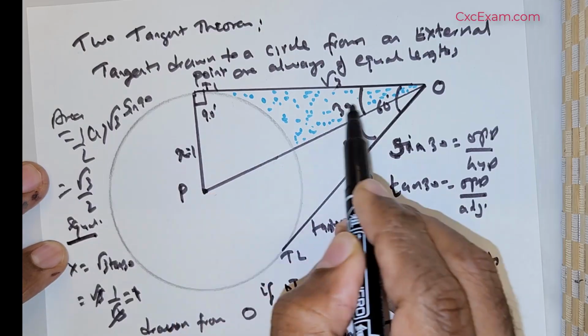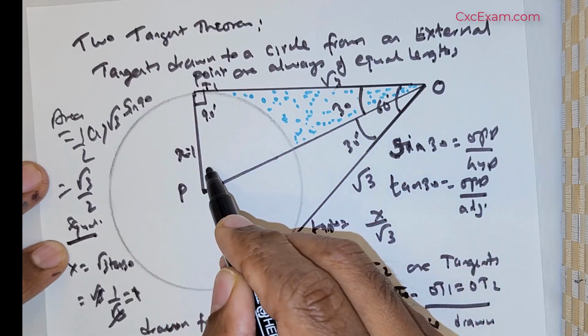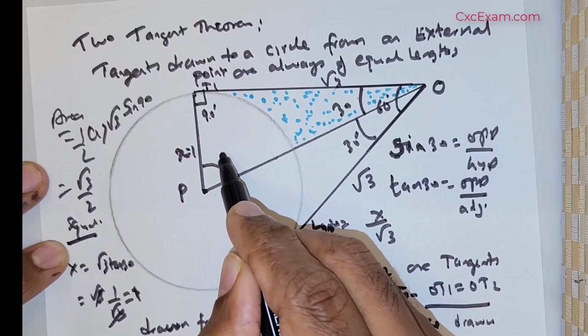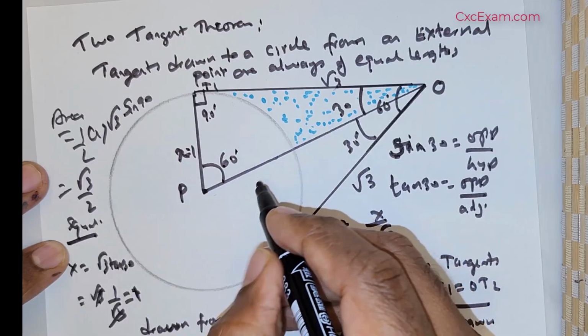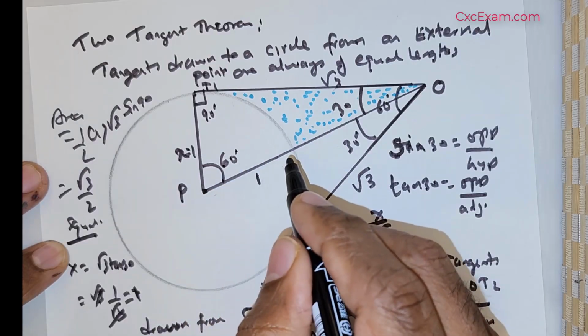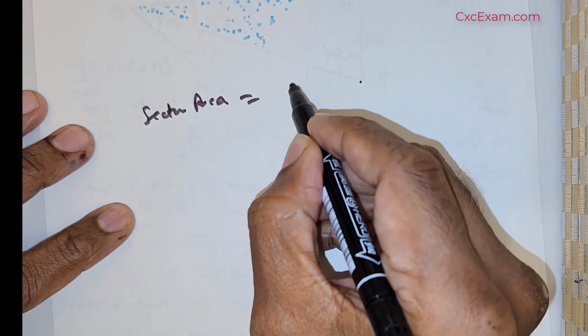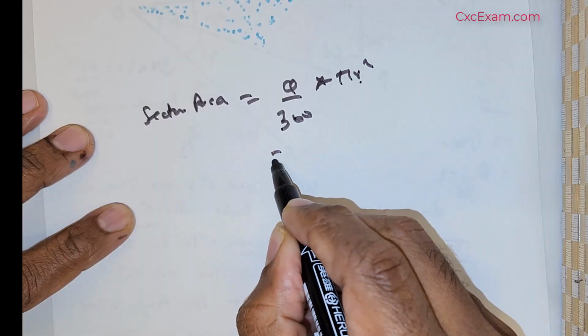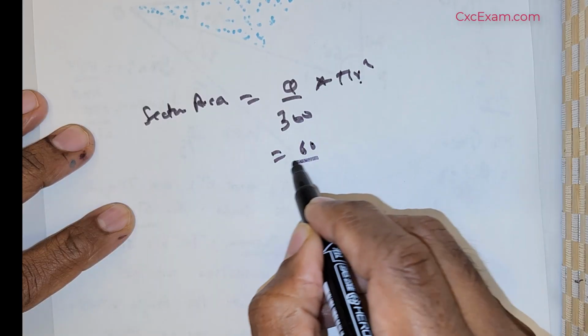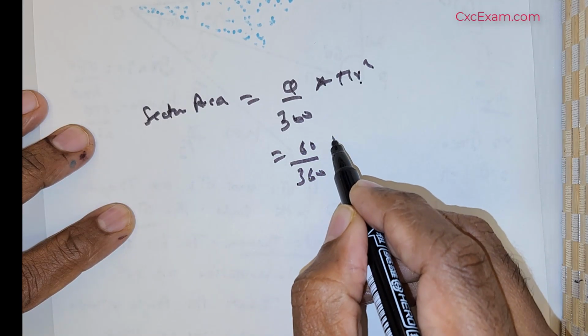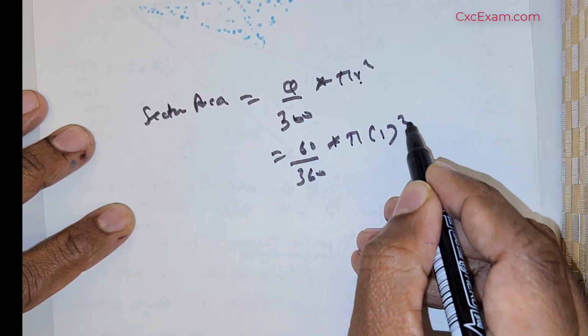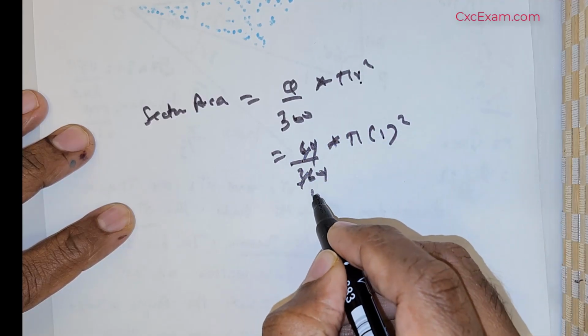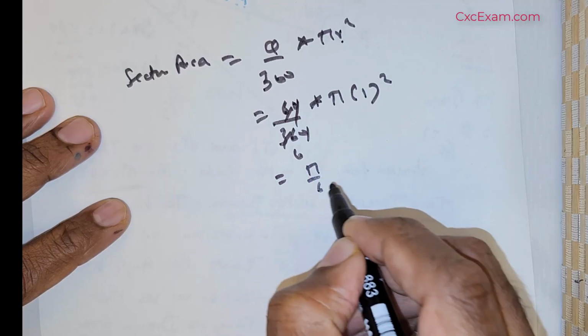Now if you see here, 90 added with 30, that's 120. So this angle is going to be 60 degrees. We need this angle to find the sector area. So let me write this down. Sector area is equal to theta over 360 times pi r squared. Theta is 60 degrees, 360. R is 1 unit, so this is going to be pi over 6.